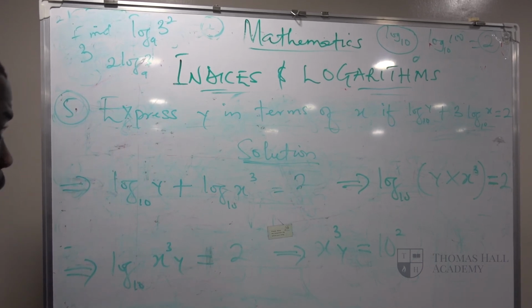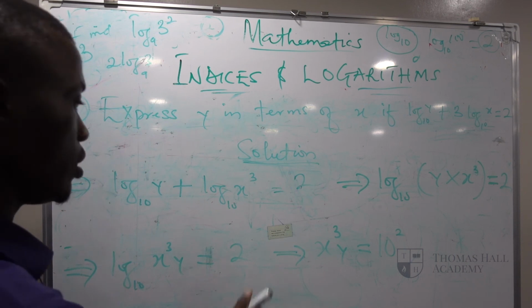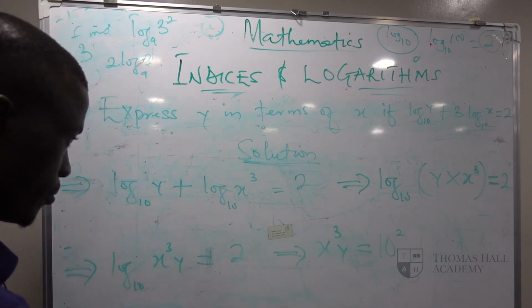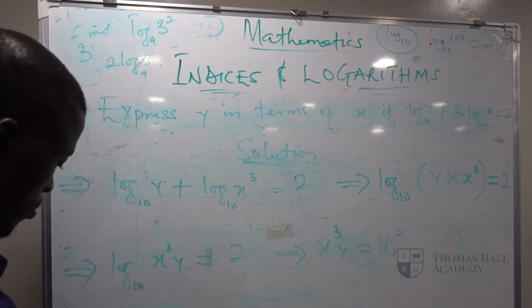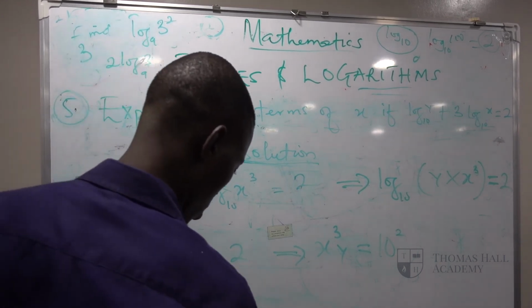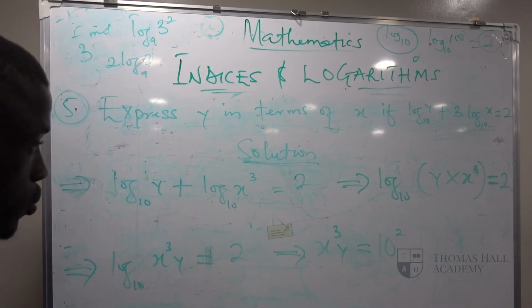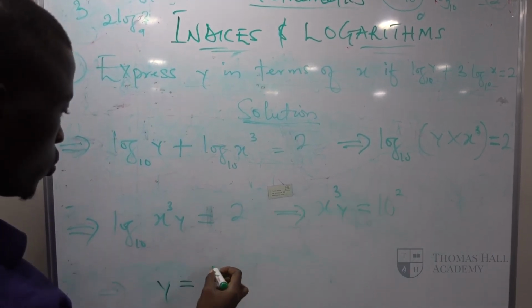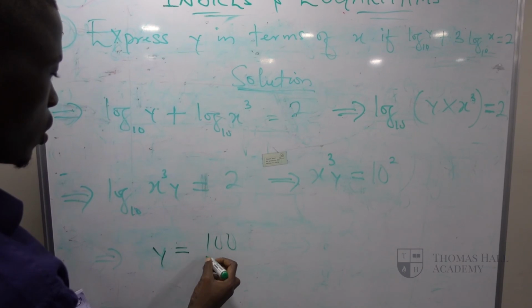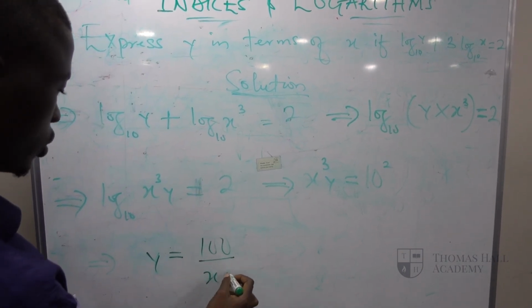We are looking for y, expressing y in terms of x. What we are asked to find is y. Y, therefore, equals 10 raised to the power 2, which is 100, all over x raised to the power 3.